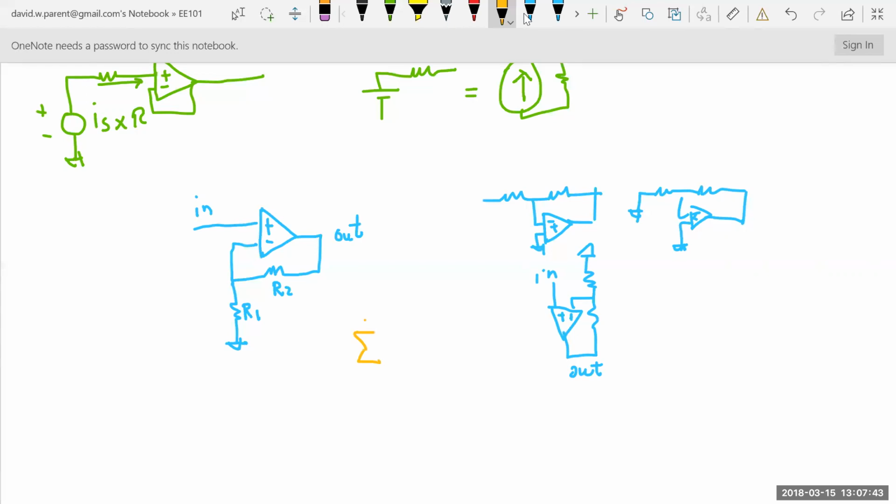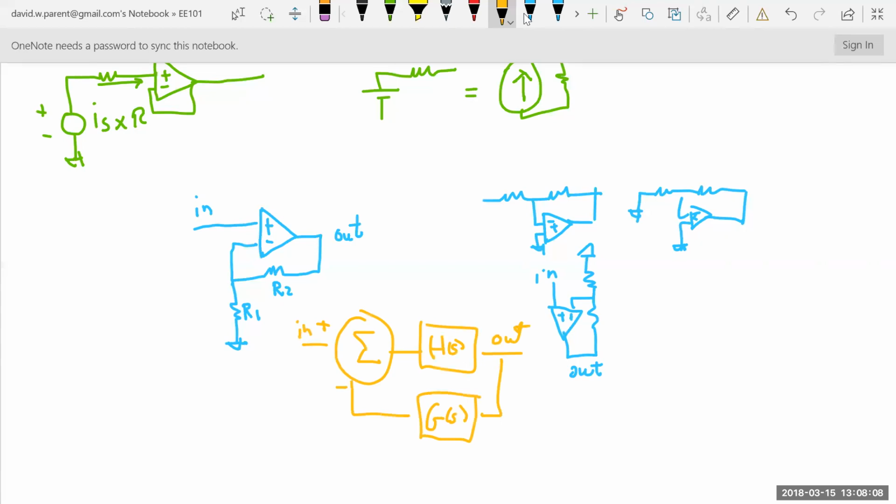Because in 110, you do system flow diagrams, and you have a summer, you have some transfer function, another transfer function, and you subtract it. So you have a transfer function, you have out, it gets modified and subtracted from in. Well, op amps are like that. And so here's the plus, here's the plus, here's the minus, here's the minus.